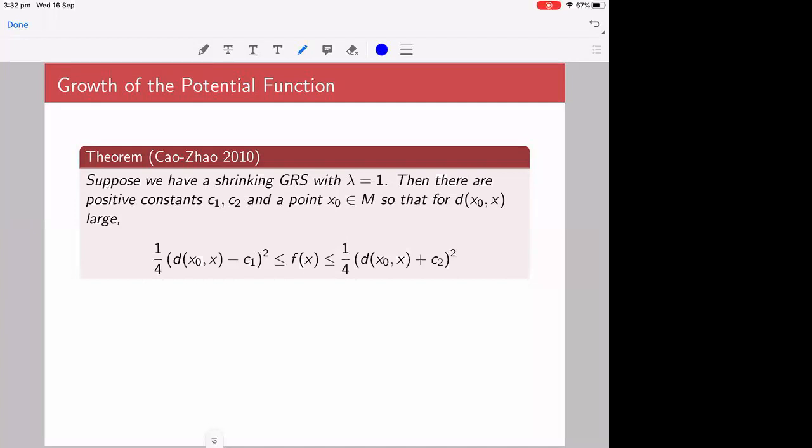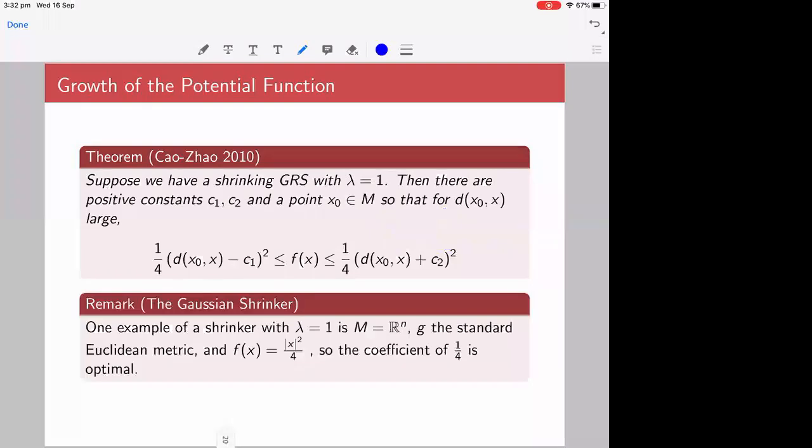Roughly speaking, we would think of this as f of x is basically equal to a quarter of |x| squared, at least in the Euclidean sense. So roughly speaking, f has a quadratic growth and the coefficient of that quadratic is a quarter.